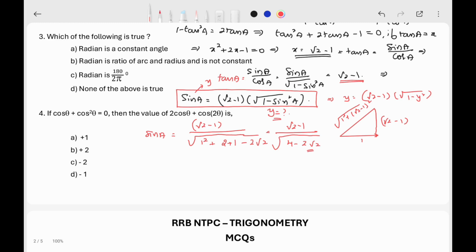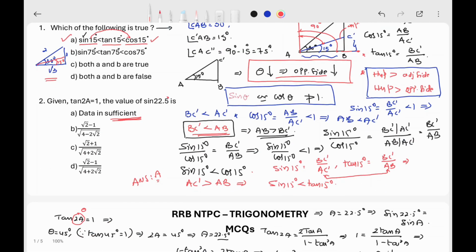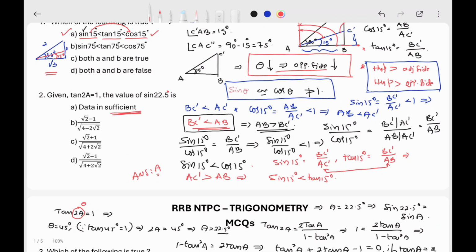What is the answer? Answer is root 2 minus 1 by square root of 4 minus 2 root 2. This is the answer.